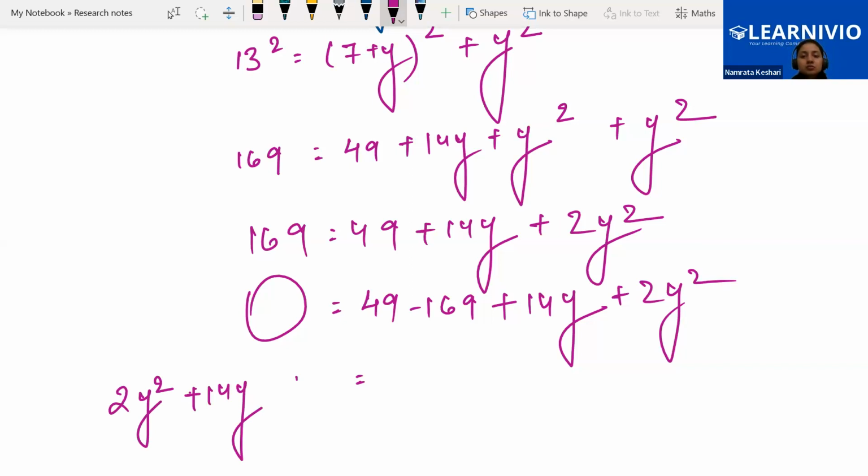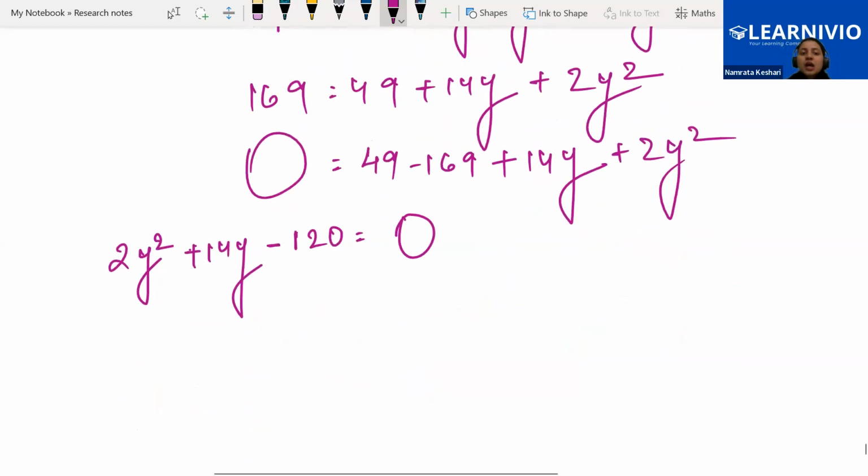Minus 120. Other side 0. So basically I'm taking everything from the right hand side and writing it on the left, and taking everything from the left hand side and writing it on the right hand side. This way we are not changing the equation. We have just changed the side, but that doesn't mean we are transposing anything.